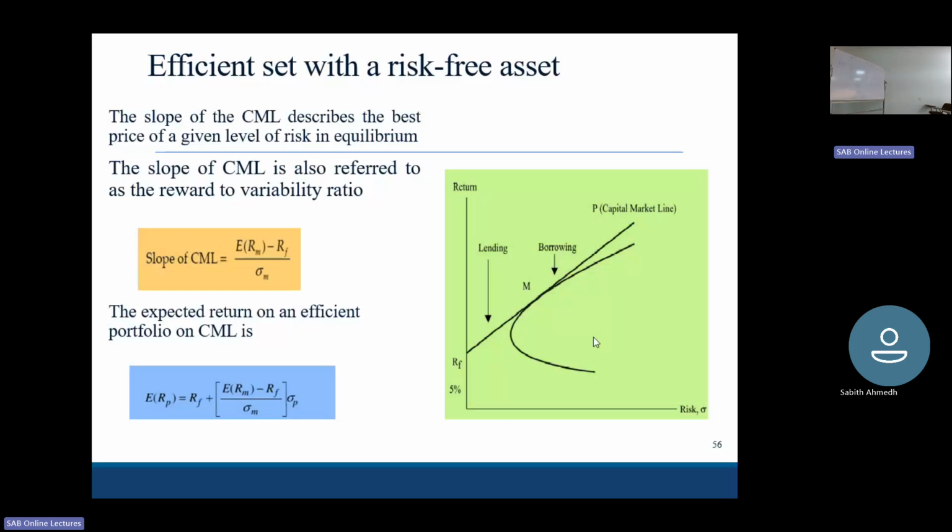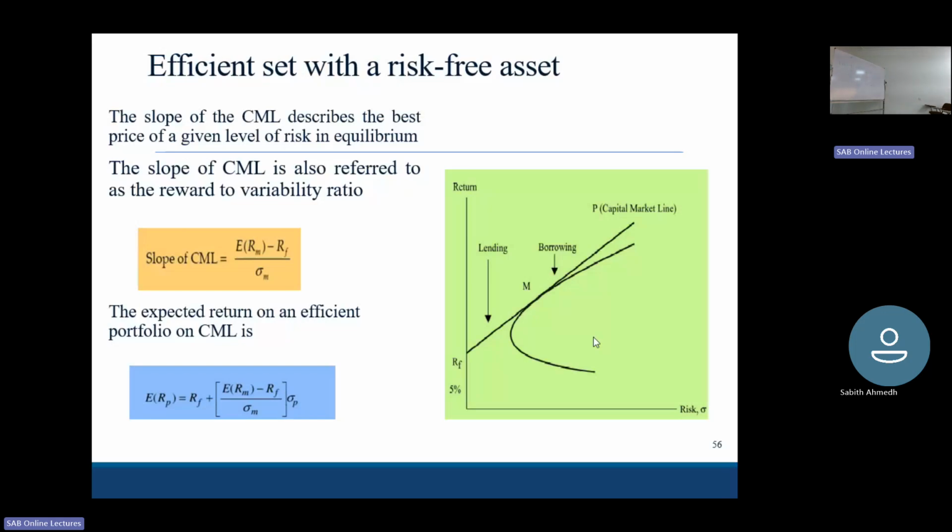You invest 50,000 in the market risky portfolio, and the other 50,000 in the risk-free investment. That is what we call a lending portfolio.